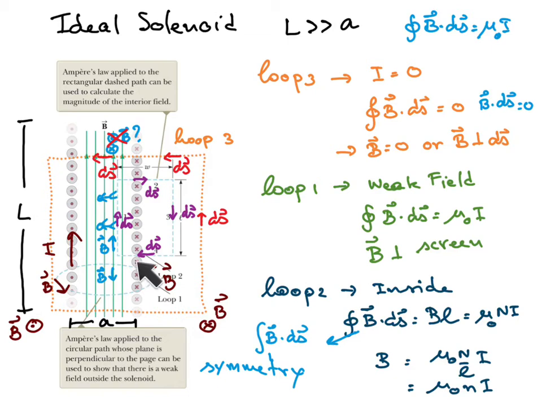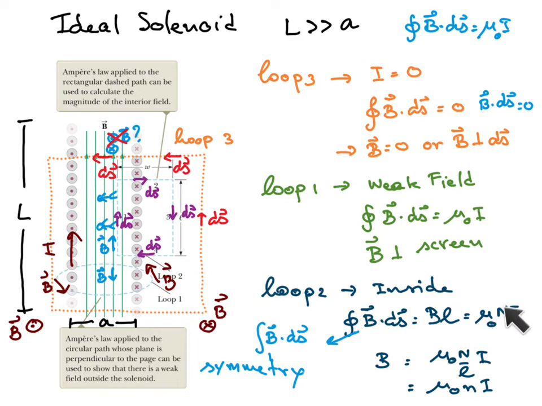If the current points into the plane of the screen like this, from the right hand rule ds must point clockwise, and if we say that this is a positive direction, so if I pointing in is a positive direction for this loop, then this mu I is positive and L, the length, is positive.